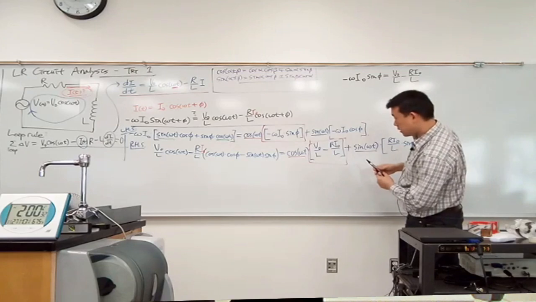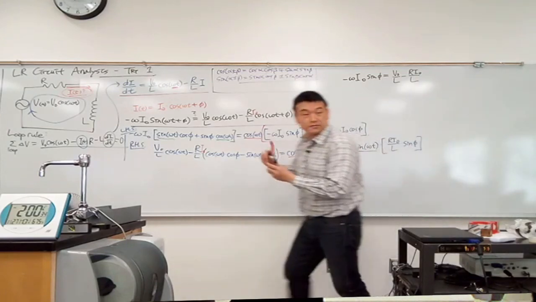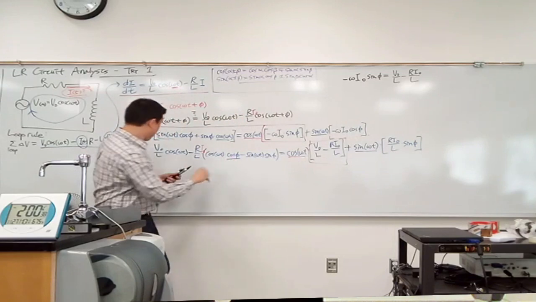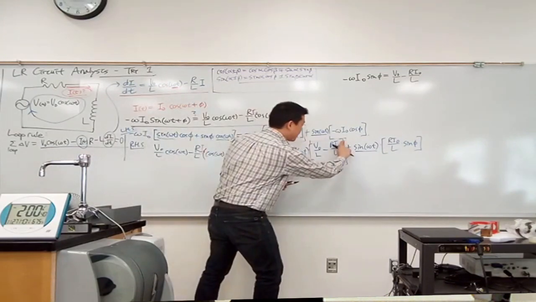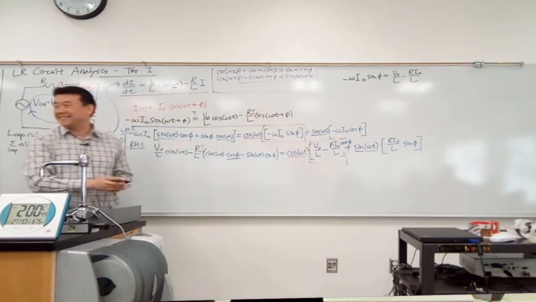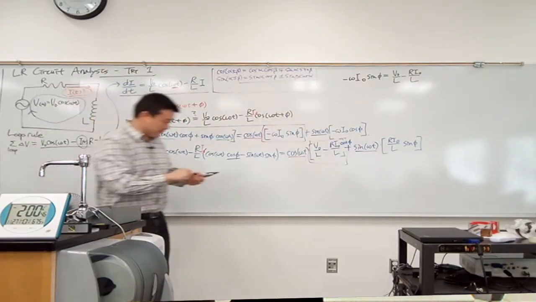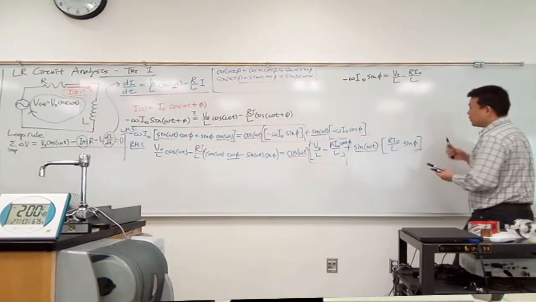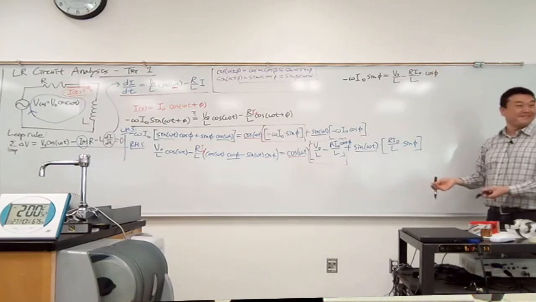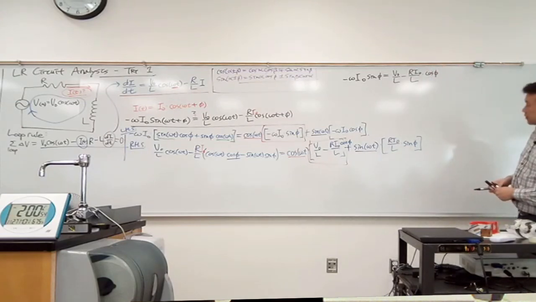Oh wait, there's a cosine. Yeah, that's what you're talking about, right? Cosine phi. This cosine phi that I forgot to write down. Once again, there's a reason I don't like to do this. It's complicated, and complicated means a lot of chances to make mistakes. So good. All right.